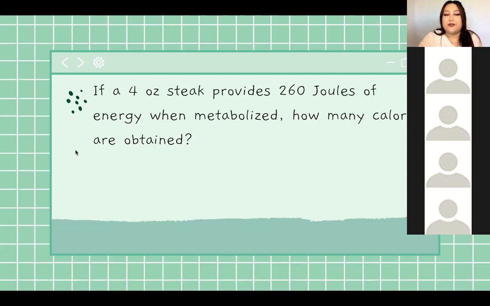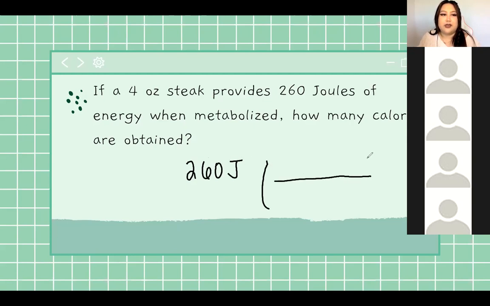So if a 4-ounce steak provides 260 joules of energy when metabolized, how many calories are obtained? How would we set this up? Yeah, perfect. So it would just be 260 joules, the 4 ounces doesn't matter.